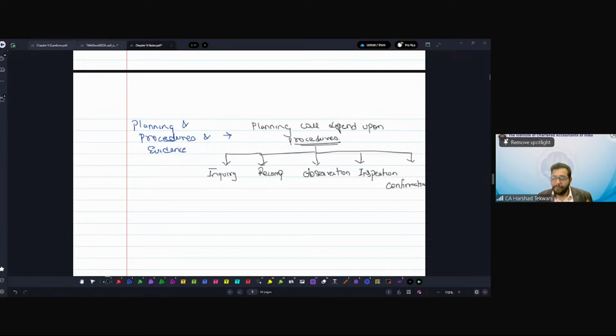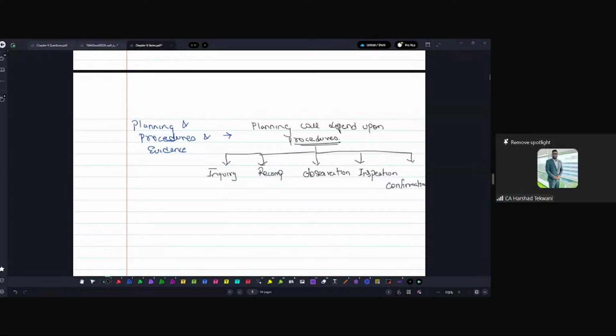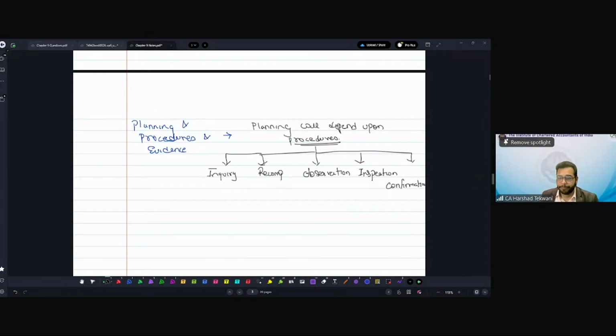So your planning will totally depend upon your procedures, and procedures can be inquiry, recomputation, observation, inspection, and confirmation. Any doubt till now? Any doubt? No. Okay.